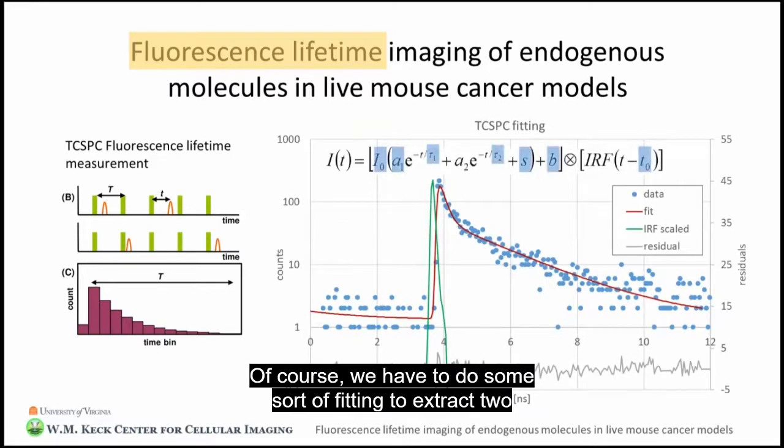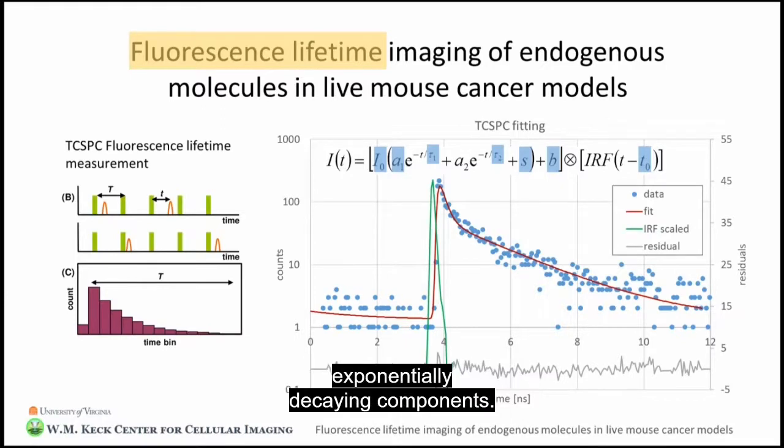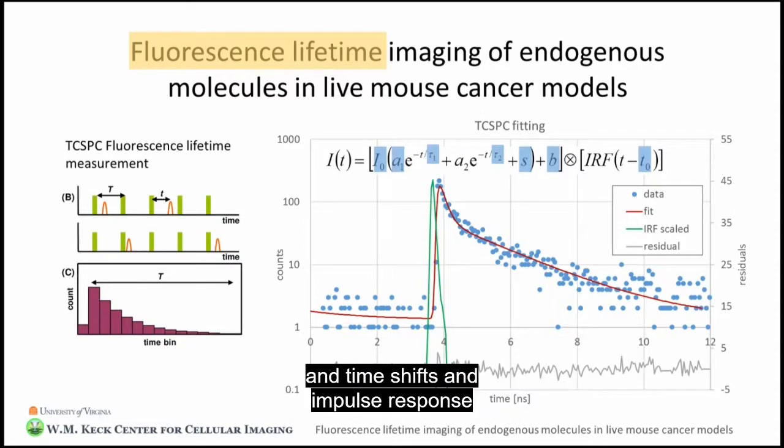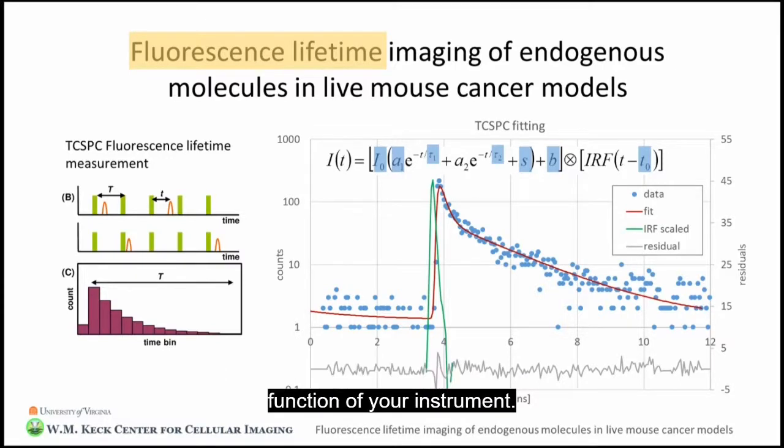Of course, we have to do some sort of fitting to extract two exponentially decaying components. And you can see this is more or less almost the full model with all the three parameters, including some background and time shifts and the impulse response function of your instrument.